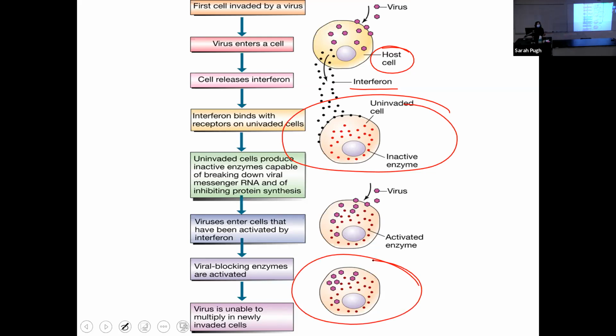It's literally chemicals that interfere with viral replication. This is actually a drug that we give patients who are HIV positive. We give them interferon. It's actually going to help prevent HIV from infecting other helper T cells in the body. Okay? So this is something we can use as a medication, but it's also something that we find naturally in our body.